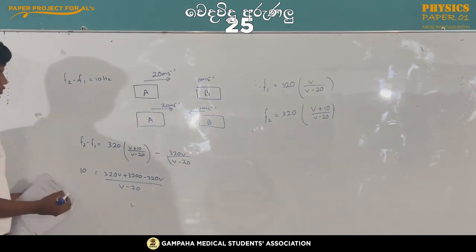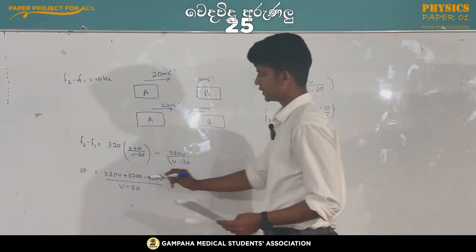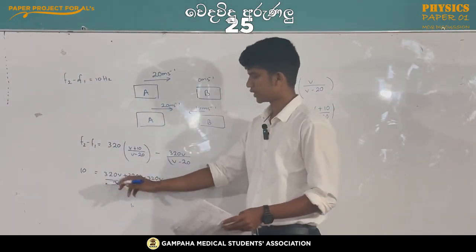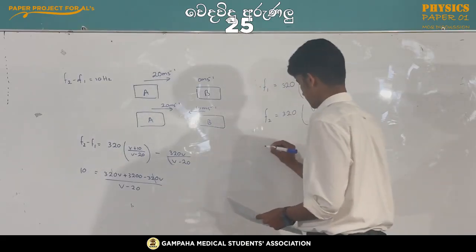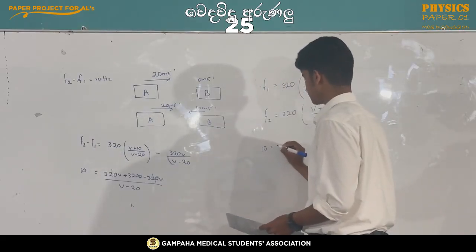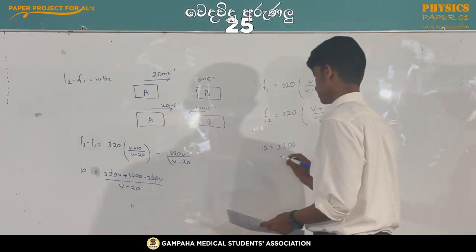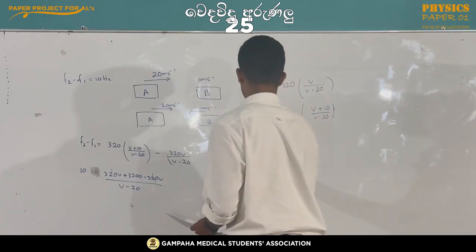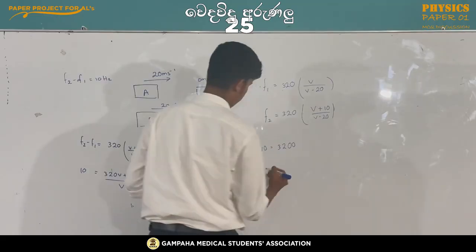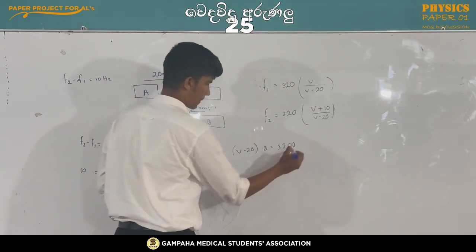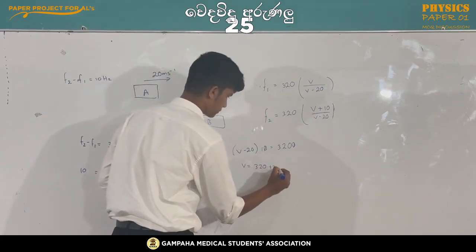And using this equation, you can find V. You can see that these two terms cancel out each other. Then it's equal to 10, and V equals 320 plus 20.